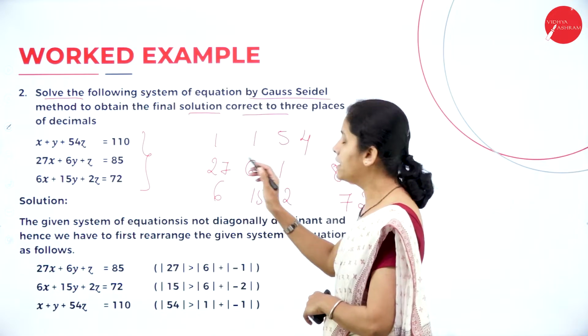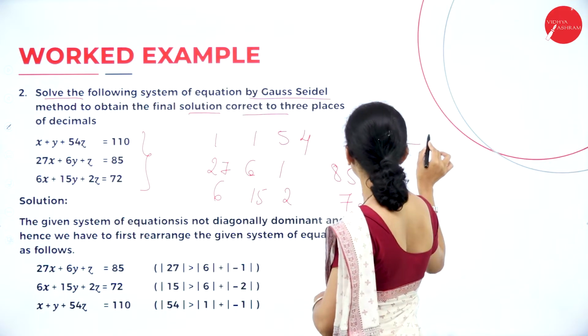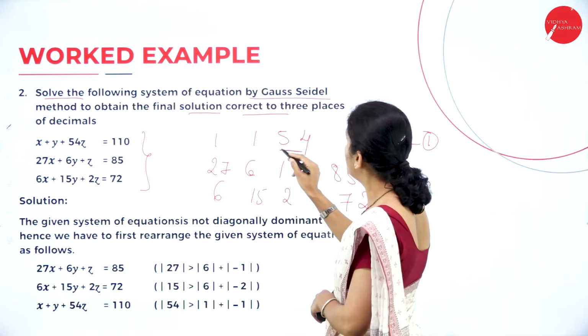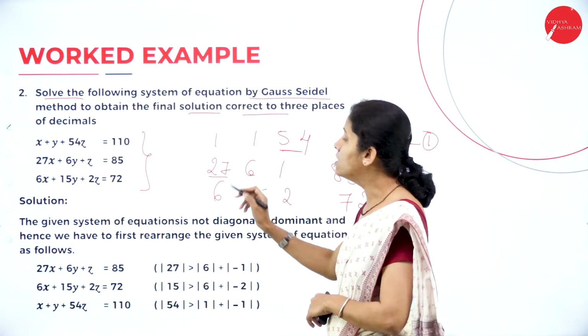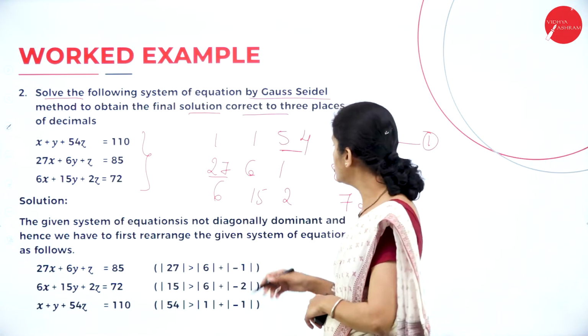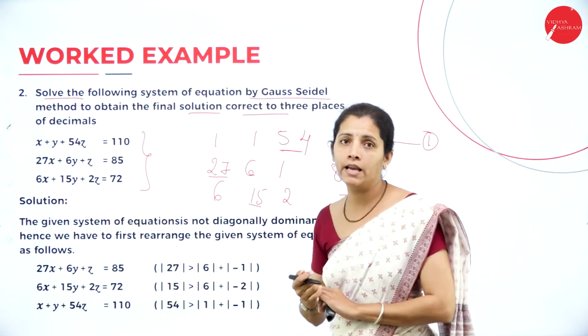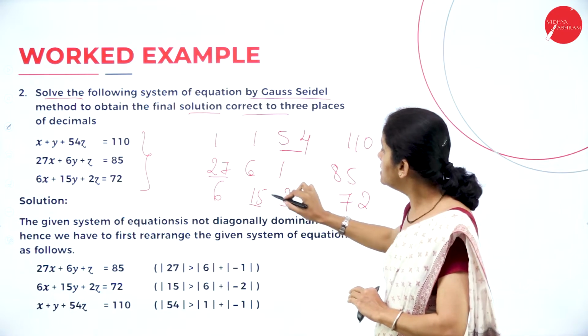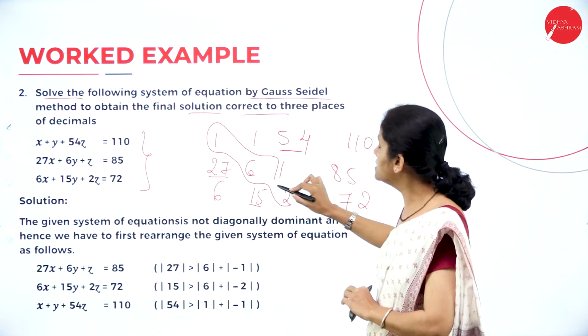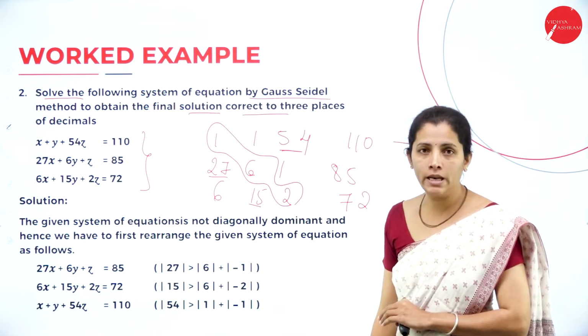See here, if I consider my first equation, I have 54 in my third position and here 27 in my first position, here 15 in my second position. Okay, and if I consider the diagonal matrix, it is not diagonally dominated.